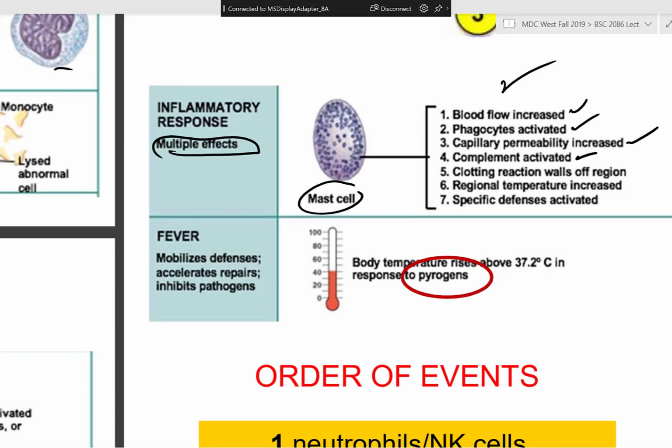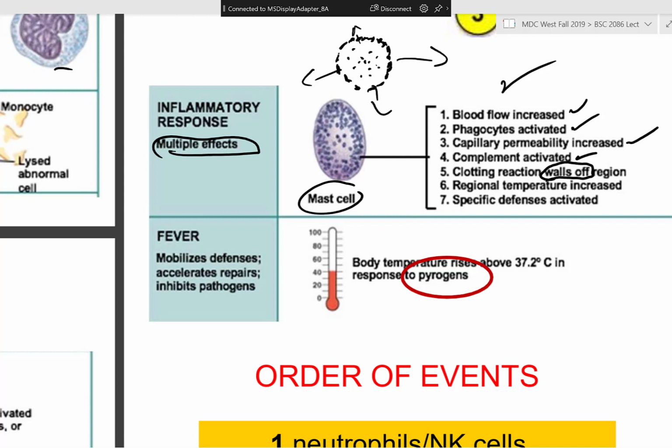You're also going to do what? Clotting. But this actually walls off. What does that mean? If my inflammation is around this area, would you like these cells or this infective organism to migrate anywhere in my body? No. What are you going to do? You're going to send clotting factors, and these clotting factors will start to do what? To the infective tissue or area.